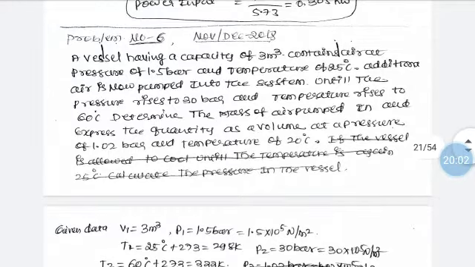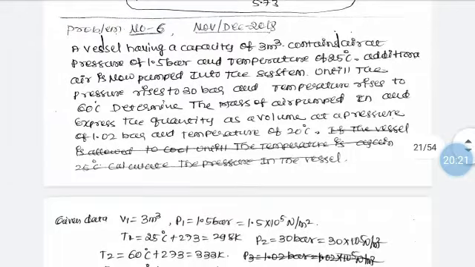So this is November December 2018. Here one vessel is there whose capacity is 3 meter cube, and it contains air at a pressure of 1.5 bar, and the air temperature is 25 degrees Celsius. Then some additional air is added into that system, so that the pressure rises to 30 bar and the temperature rises to 60 degrees Celsius.